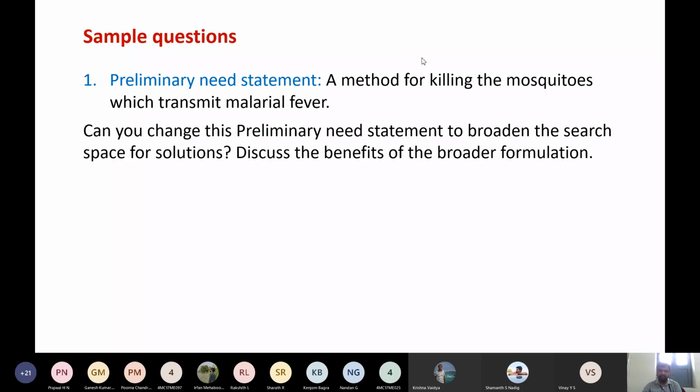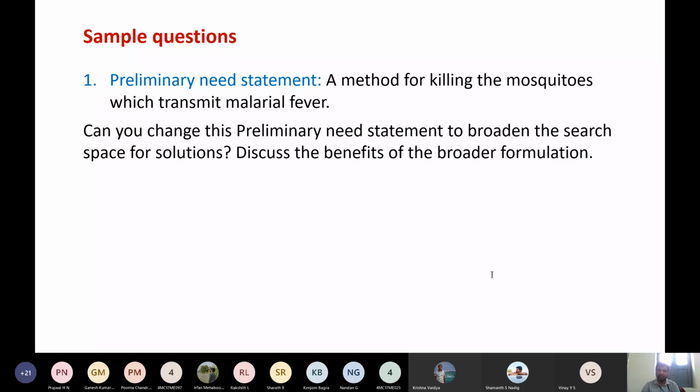It should be as general as possible, at the same time it should convey the actual nature of the problem. You have to think about changing this statement to broaden the search space, so that a larger number of solutions can be generated.